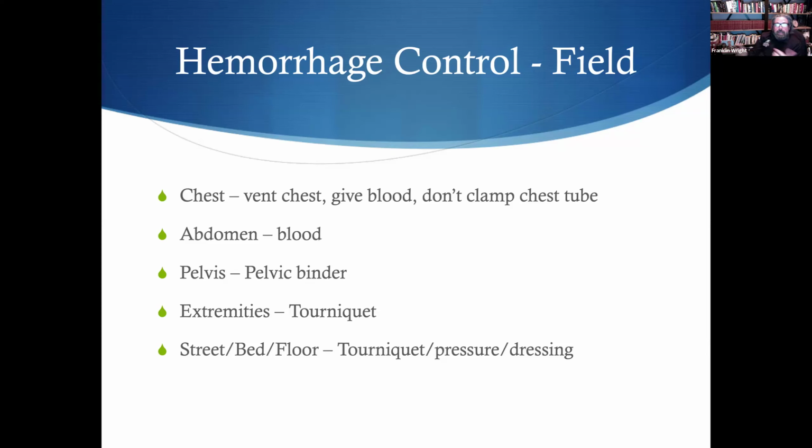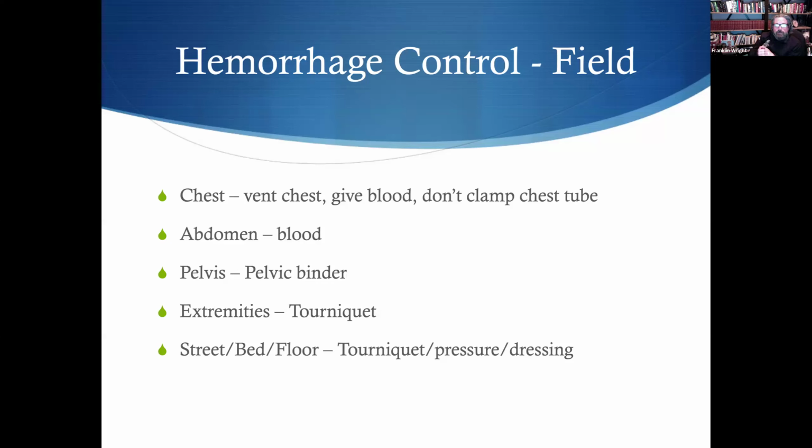Abdomen's tough. You put a trauma surgeon on a rig, and we're not going to be able to fix intra-abdominal bleeding, right? This unfortunately needs an OR, needs all the resources that we have at a hospital to stop intra-abdominal bleeding.